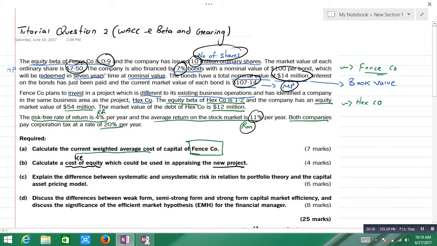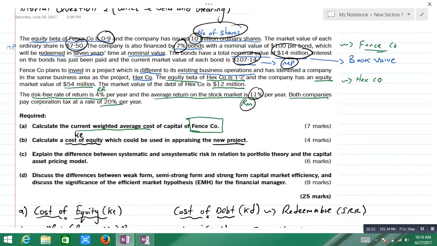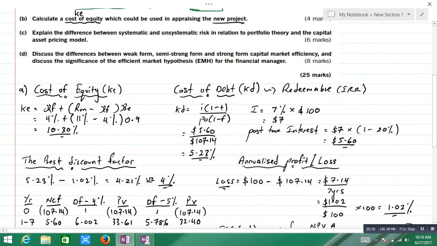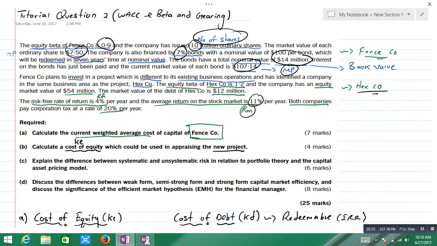Fansco plans to invest in a project which is different. Again, I'm highlighting this part, different to its existing business operation. When it comes to business operation, that means they are talking about the business risk over here. So the business risk is going to be different. Now, when you have such a situation where they have a different operation, which is the business is different, we have to apply the beta and gearing knowledge over here.